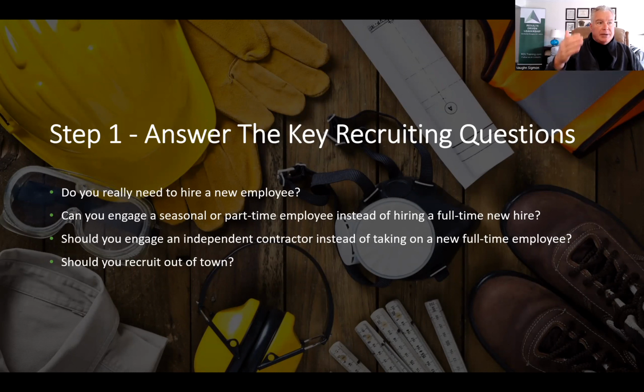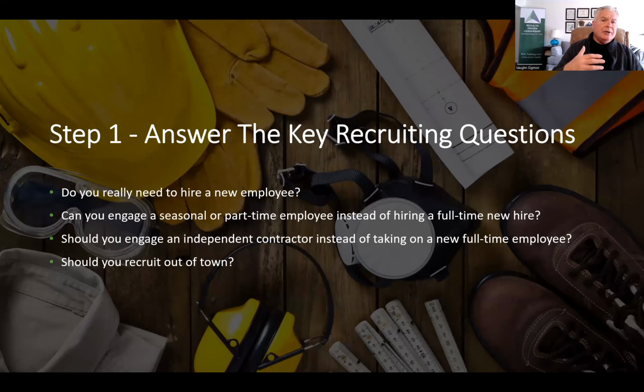Well, sometimes, depending on the economics of the industry or the company and where sales and profitability are going, we may not need to replace that employee right now. Maybe we need to hire a part-time replacement versus a permanent full-time replacement. That's certainly more cost-effective as an employer.